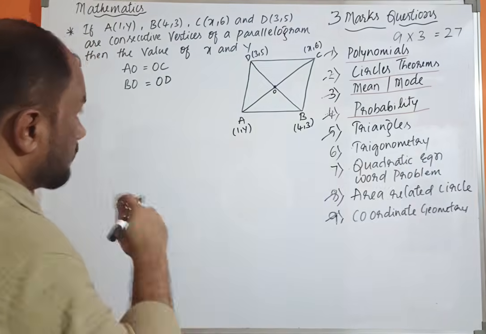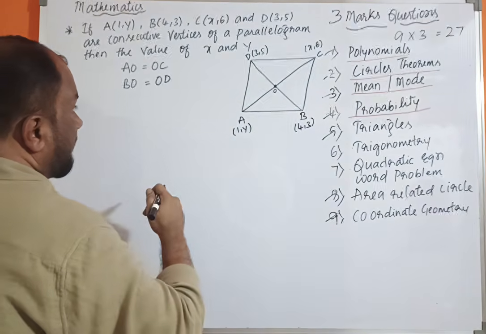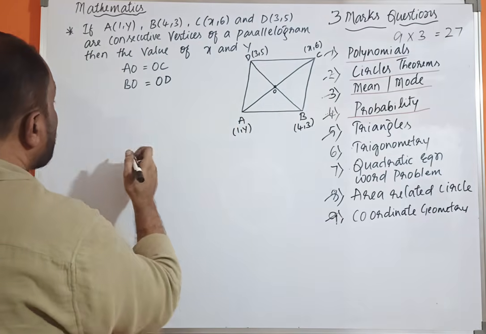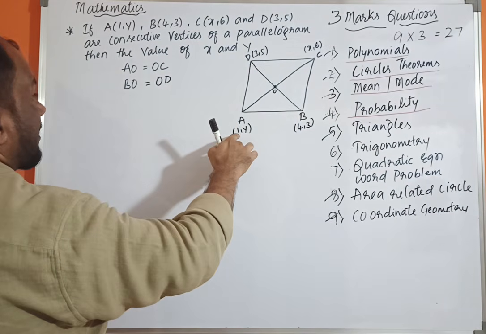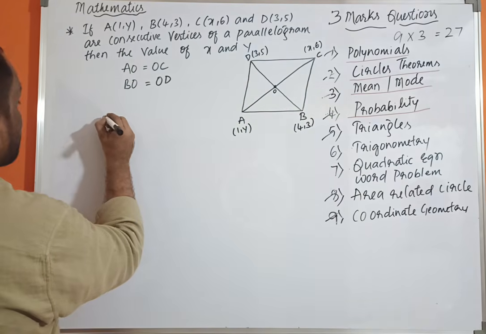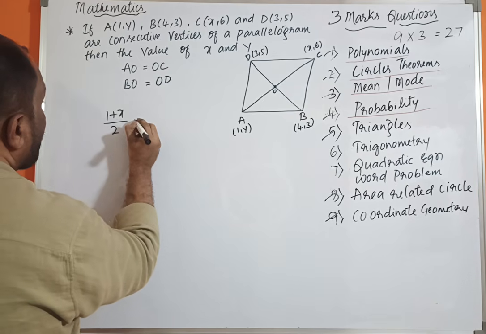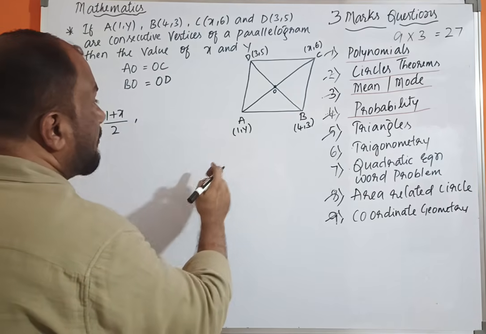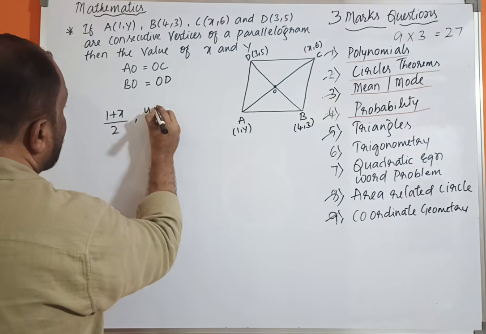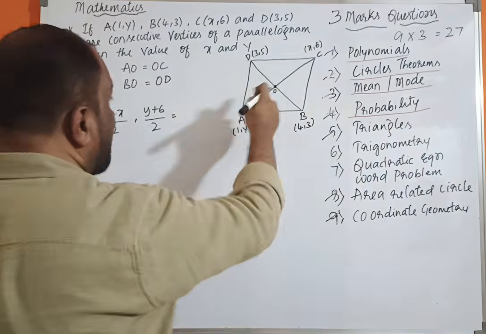So now the midpoint of AC: we take the x part first, x1 plus x2 divided by 2, 1 plus x divided by 2. Then the y part, y plus 6 divided by 2. So we are finding the midpoint of this one.